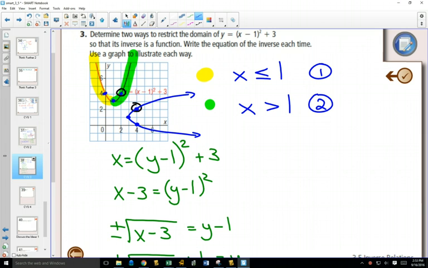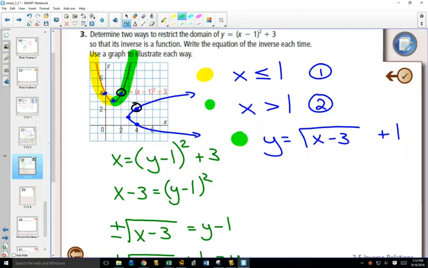So our green one, that equation is going to be the one with the positive square root of x minus 3 plus 1. And our yellow one, that inverse equation is going to be the one with the negative in front. So one way to figure out which one is which is to think about a single point on there and see what happens to it.